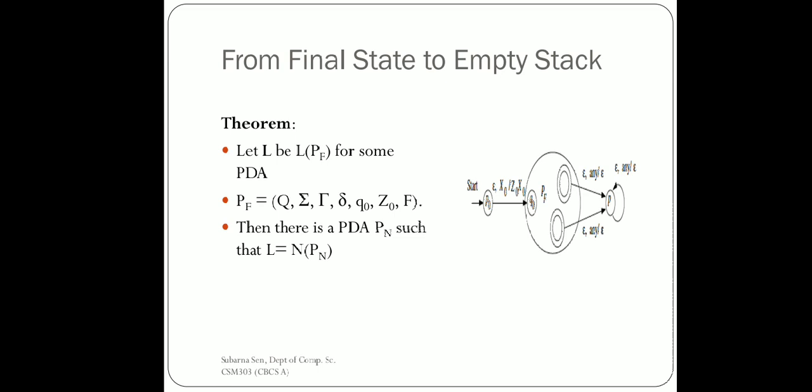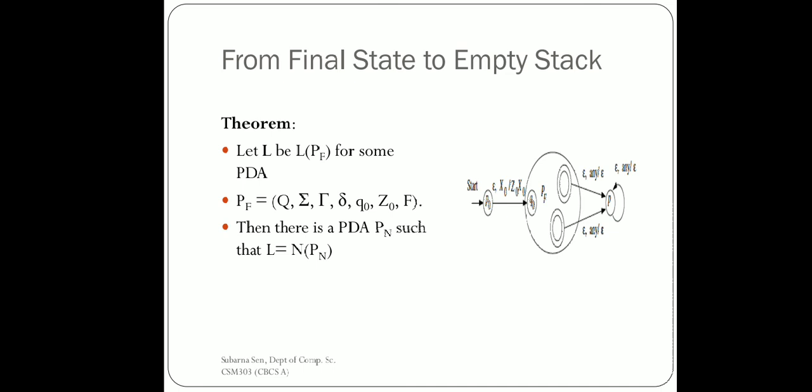What the theorem is saying: let L be L of PF. L of PF means the language which PF accepts, the language accepted by final state in case of PDA. It will be described by this notation. We know the meaning of all the symbols mentioned in the tuple here, what Q means, what sigma means, what tau means, and so on.